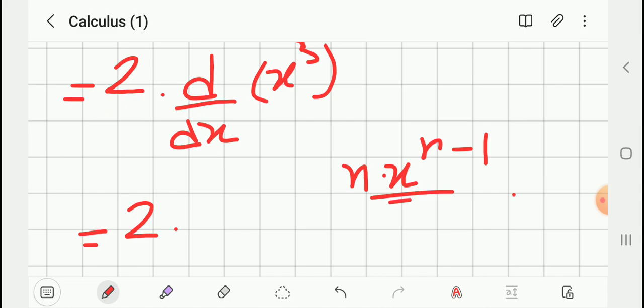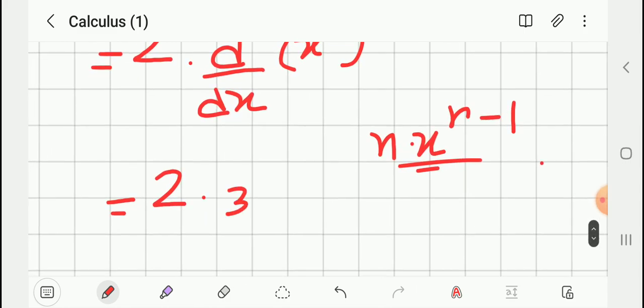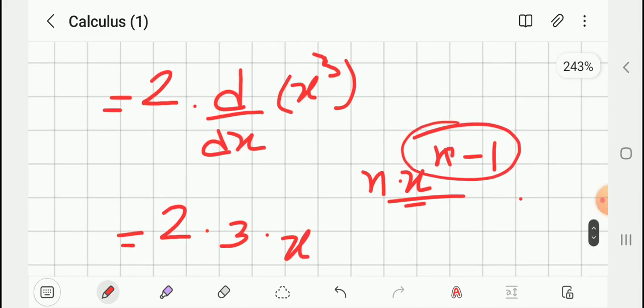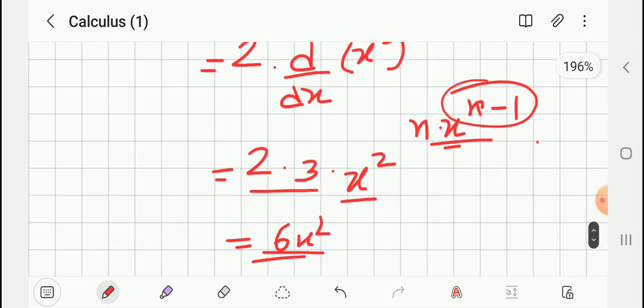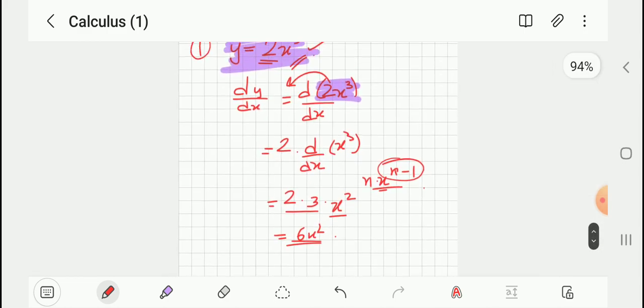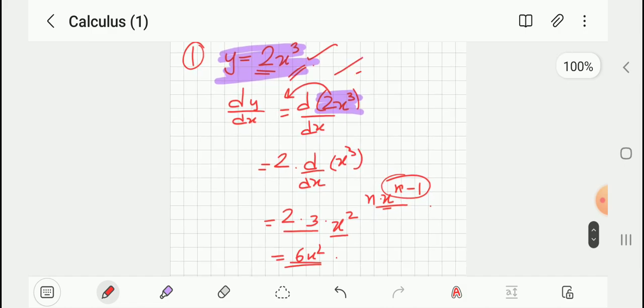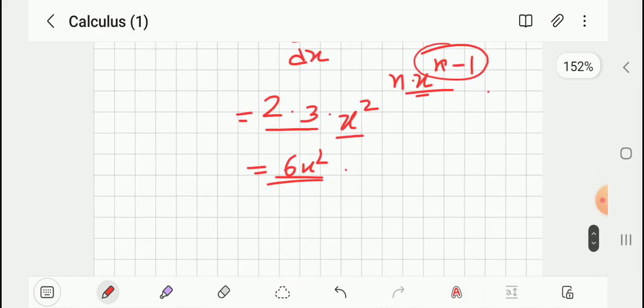So here n is 3, and 3 minus 1 is 2. So 2 into 3x square, which is 6x square. So we can conclude that the differentiation of 2x cube is 6x square.